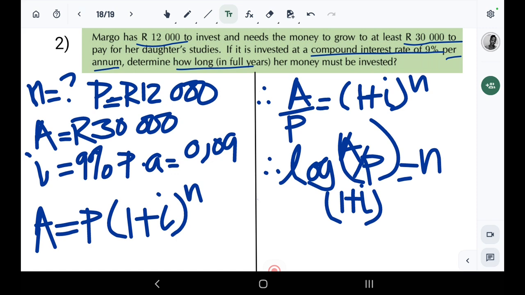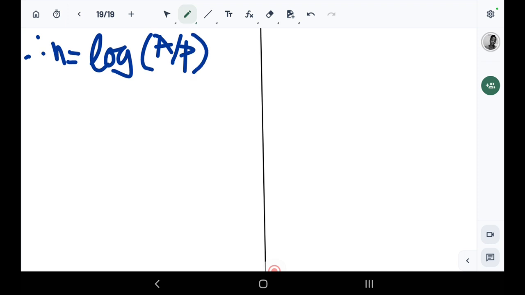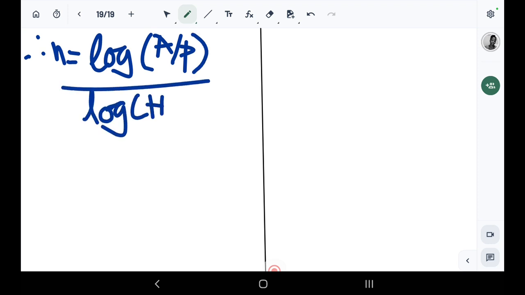Therefore, n is equal to the log of A over P, over the log of 1 plus i. Now let's substitute the values.